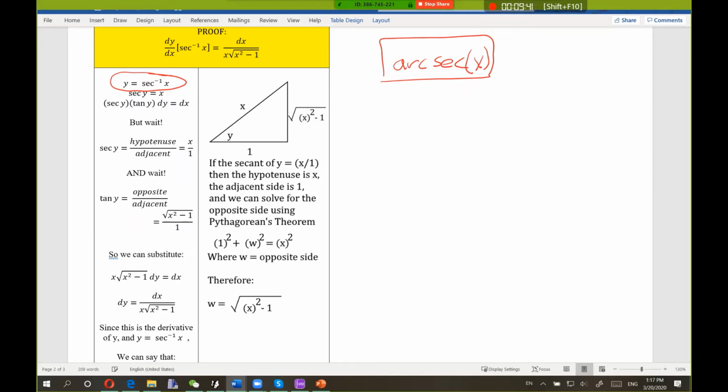Okay, but to avoid that confusion, newer textbooks use arcsecant. However, a lot of times, if you've got a good professor in college, they'll use older textbooks to save you money. So I need you to be familiar with both ways, just in case. But if I say arcsecant, I mean inverse secant. It means the same thing.